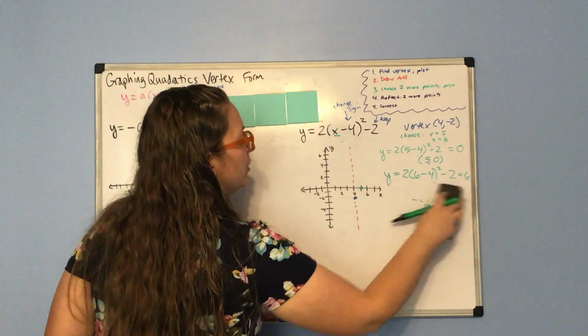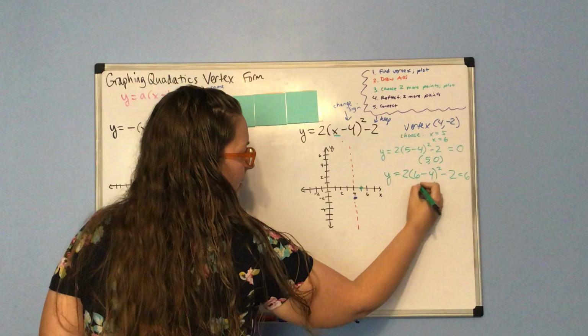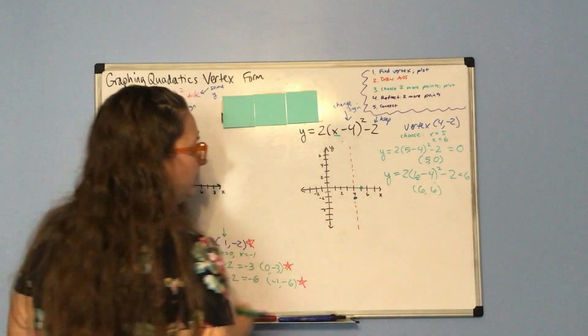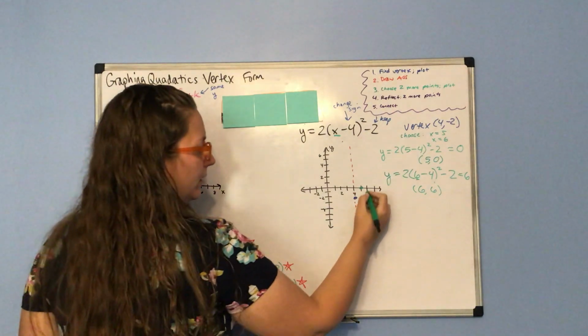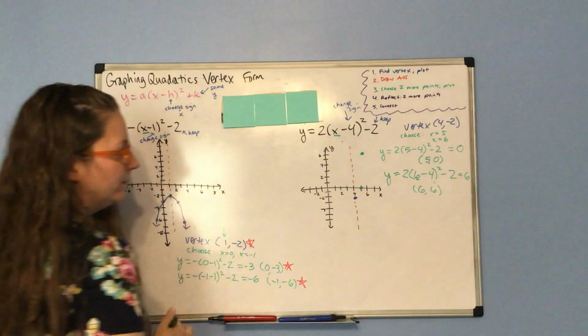So once you've plugged in 6, you also get 6. So my ordered pair is 6, 6. Going to graph that. X equals 6 is here. Y equals 6 is up near the top.